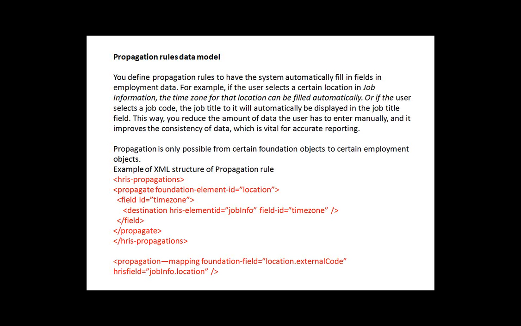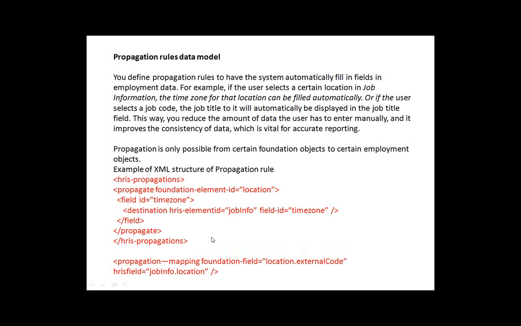The next is the propagation data model. The propagation data model defines the rule in the data model to have the system automatically populate the fields from foundation object, that is from corporate data model, to the employment object of succession data model. Here is an example for propagation rule, from the data model.